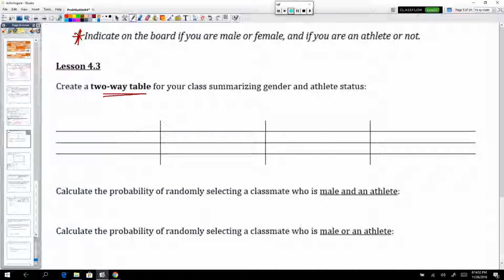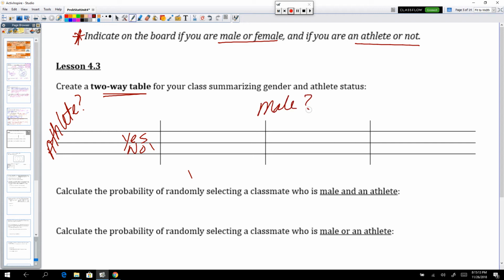We talked about male or female, athlete or not. For purposes of this example, these are mutually exclusive things. For athlete, it's either yes or no. And I'm going to say male, either yes or no. Obviously, if you're no on male, you're female.